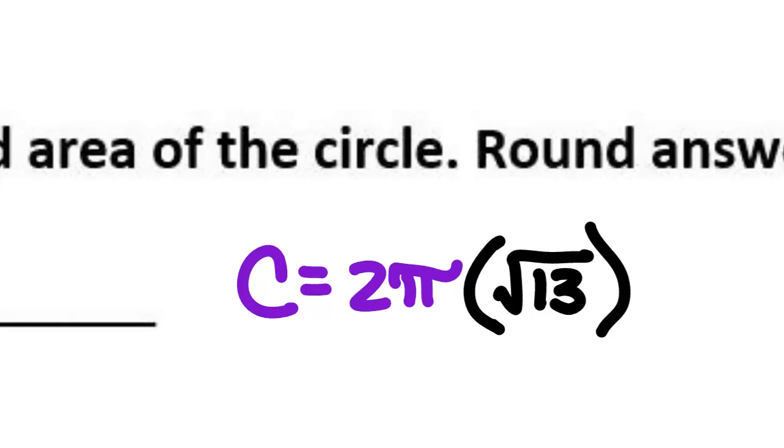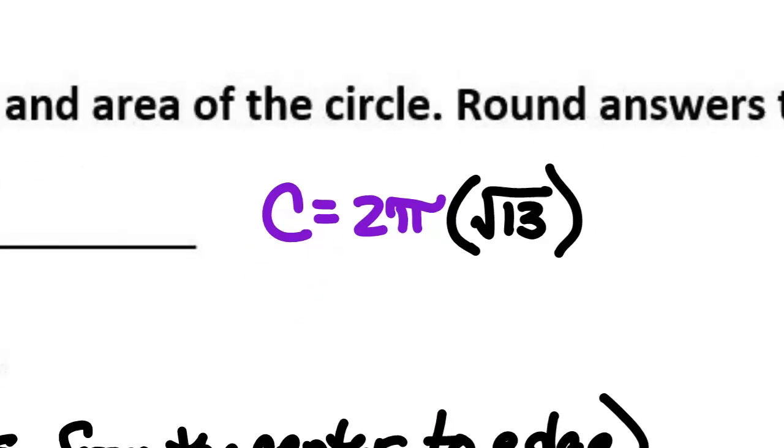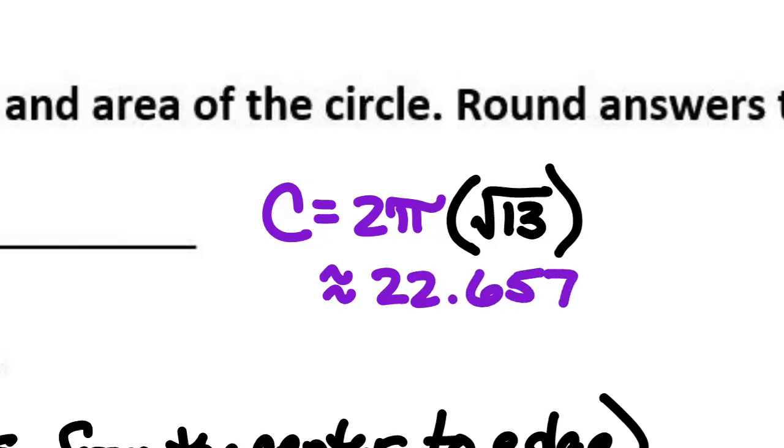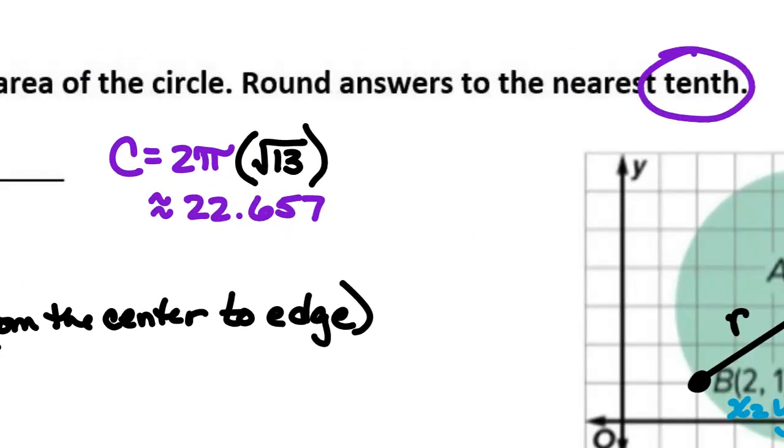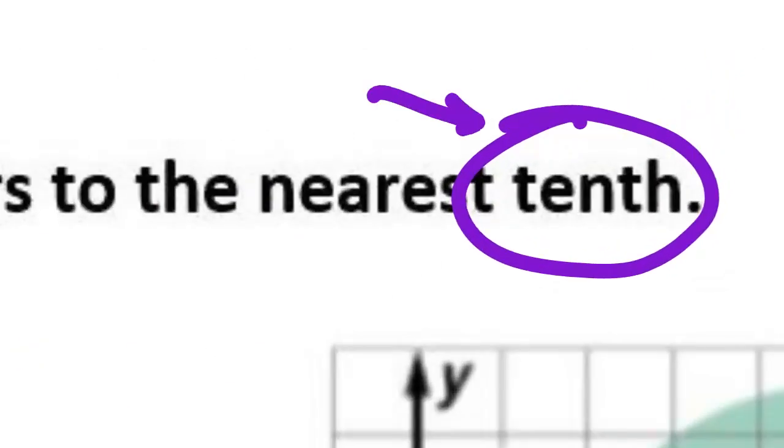The calculator is more precise, and plus it's just one button push. Use the pi button on the calculator. When you do that, you should get something that is right about 22.657. If you're going to round that to the nearest tenth, that's 1 decimal place.